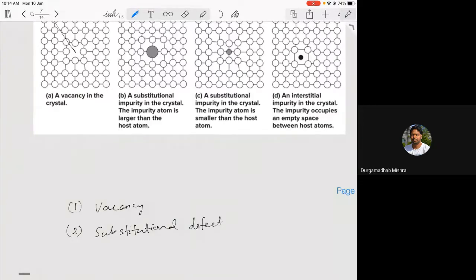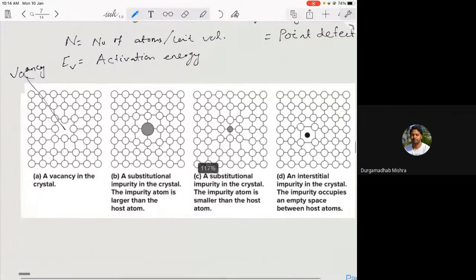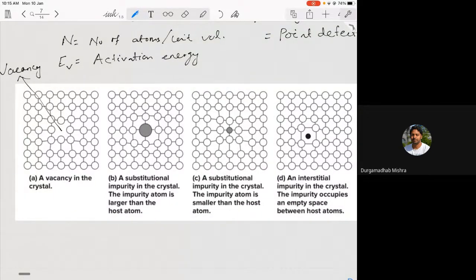So what is a substitutional defect? If you look at figures B and C here, what you have is another atom. Let's say you have a vacancy for some reason, but another atom, a bigger or a smaller atom, can go and sit in that vacancy as well. So it is like an impurity.